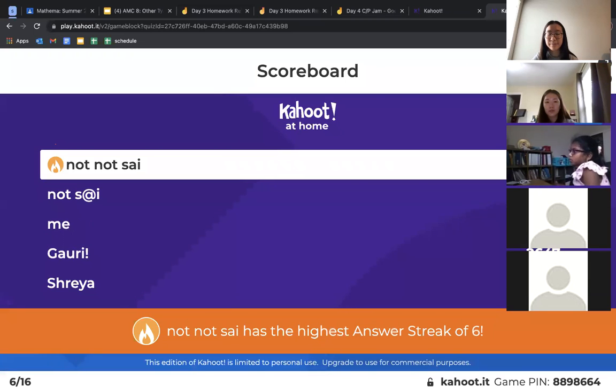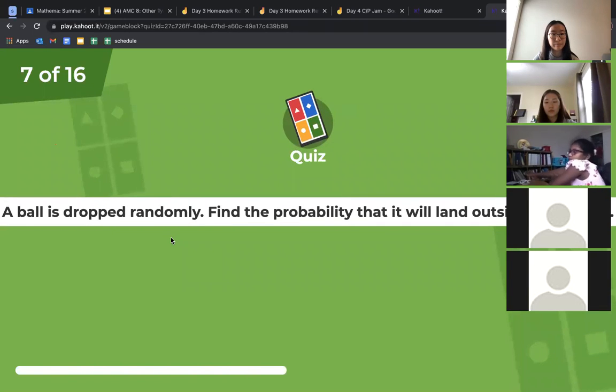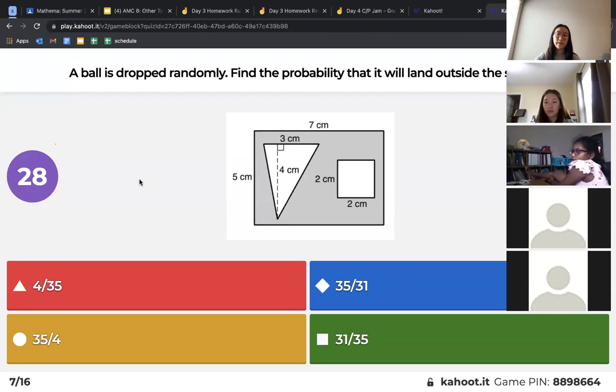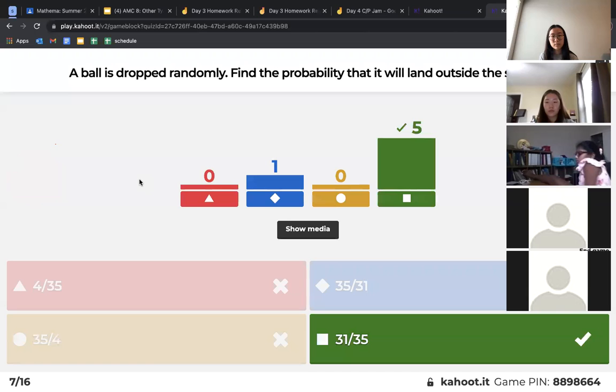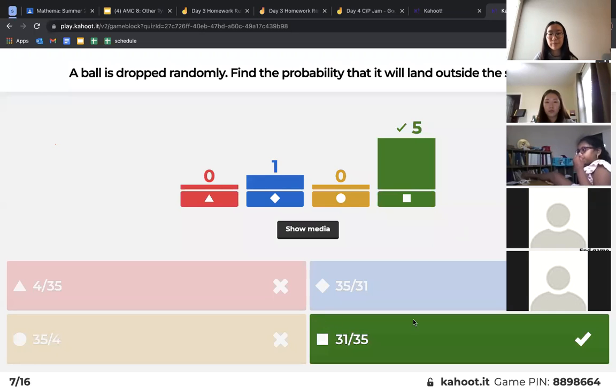So that rectangle question probably should have said the area of the total shape. Okay, it will land outside of the square. Yeah, so this one, you just have to subtract away the area of the square, which is 4, from the total area.